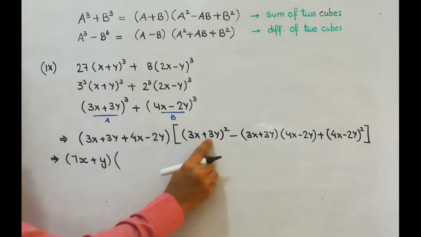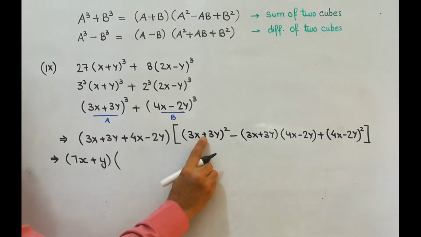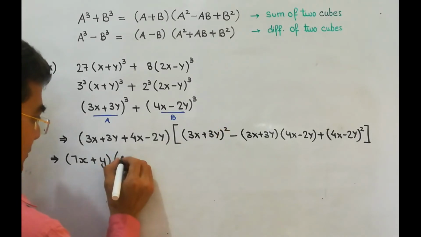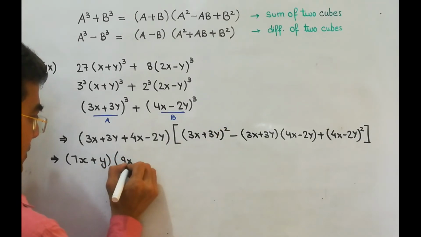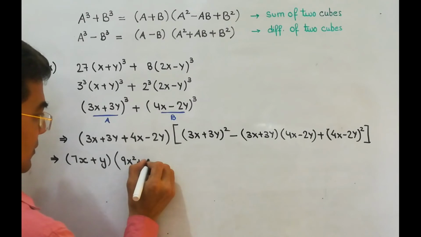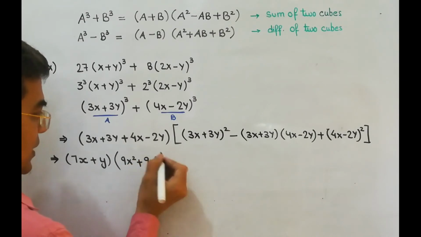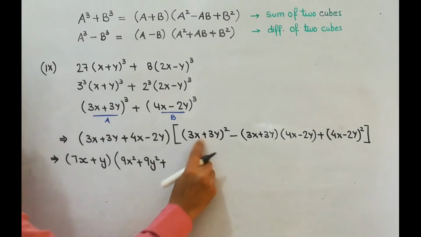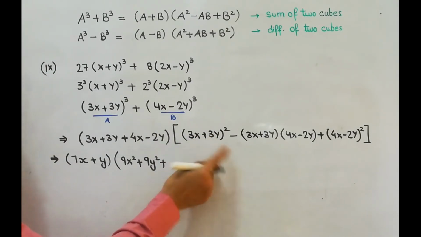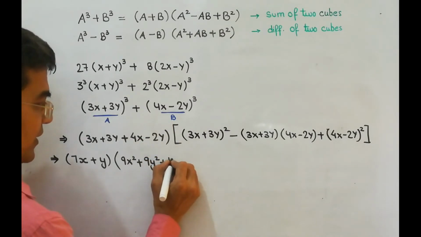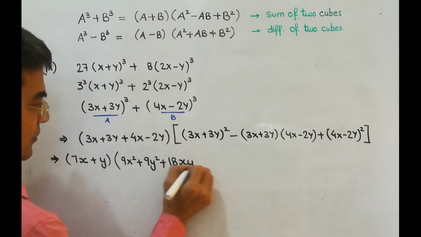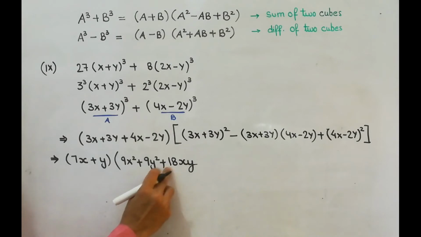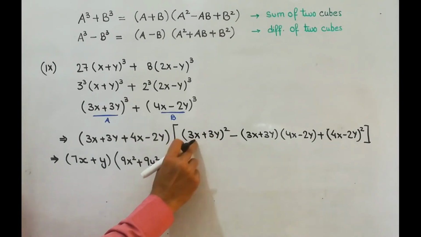First of all, you are going to open this bracket with the formula a plus b whole square: a square plus b square plus 2ab. So when you multiply 2ab, a into b is 9xy multiplied by 2, so 18xy.